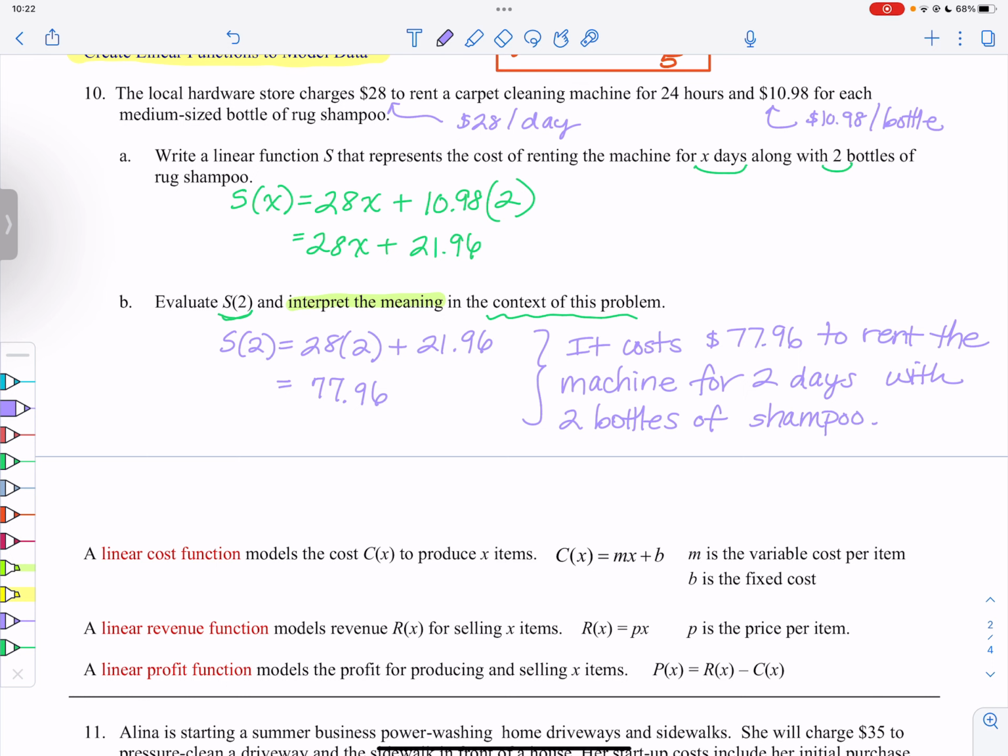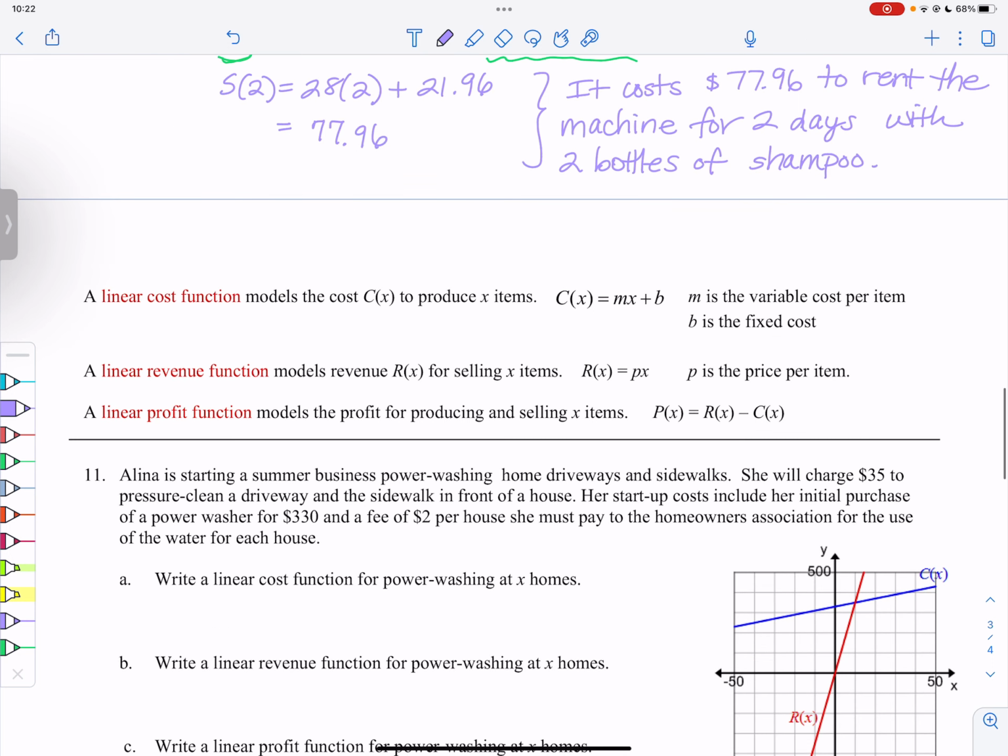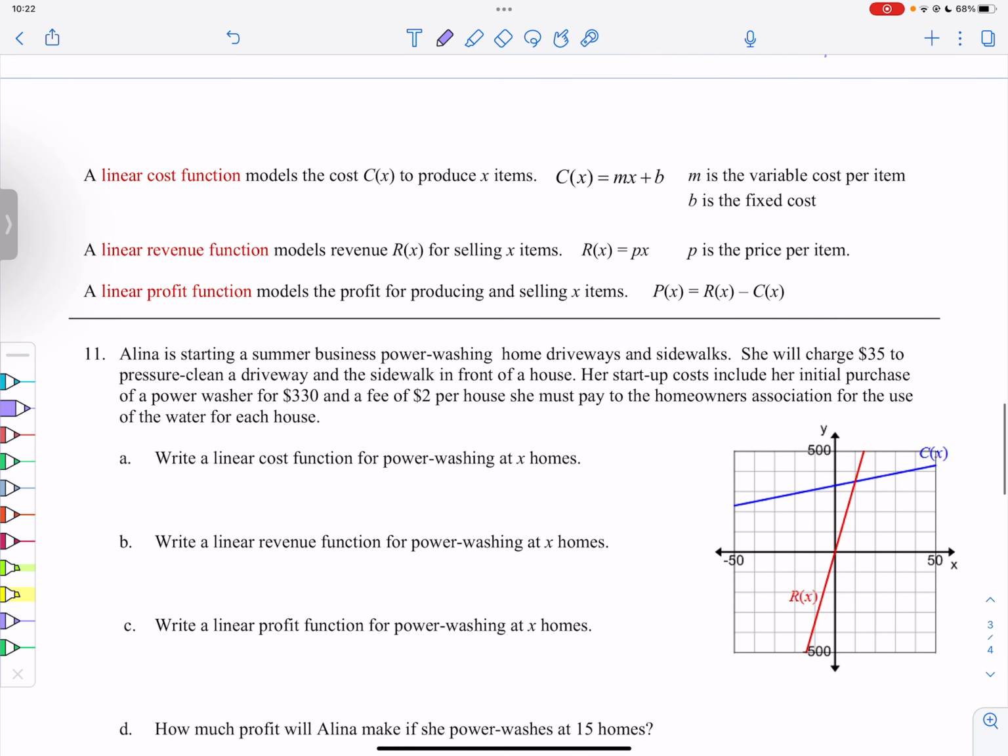Okay, that leads us to several cost functions. And they're not all cost. We have a linear cost function, revenue function, and profit function. And these should make pretty good sense. If you just take a look, b is going to be your fixed cost, and m is the variable cost per item. That's what you'll multiply by x.